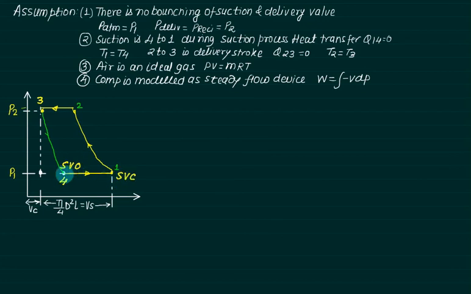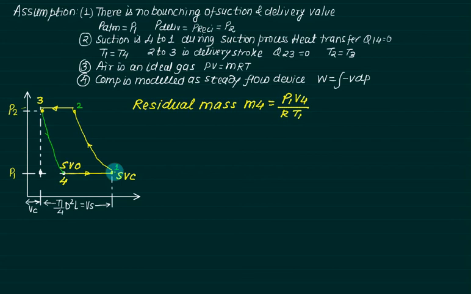At point 4 the suction valve opens, and at point 1 the suction valve closes. The mass of air inducted will be M1 minus M4. The mass at M4 is the same as the mass at 3. So, we will first calculate the mass at point number 4, which is called the residual mass. The pressure at point 4 is P1, volume is V4, gas constant is R, and temperature is T1.